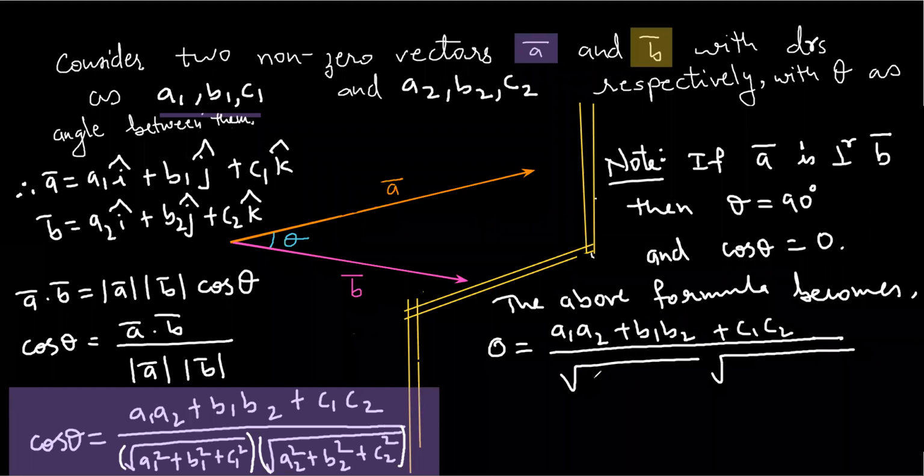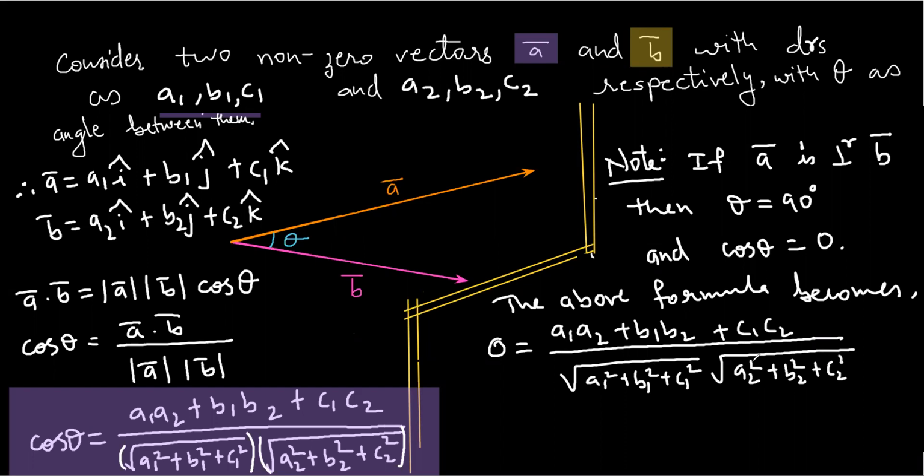Inside the square roots, you already know: A1 square plus B1 square plus C1 square, and A2 square plus B2 square plus C2 square. Now when you cross multiply, this will become 0. So finally what you get is A1 A2 plus B1 B2 plus C1 C2 equals 0.